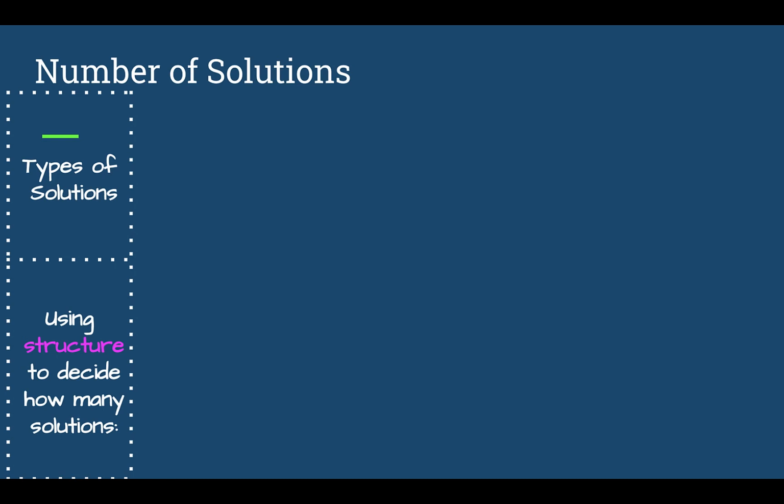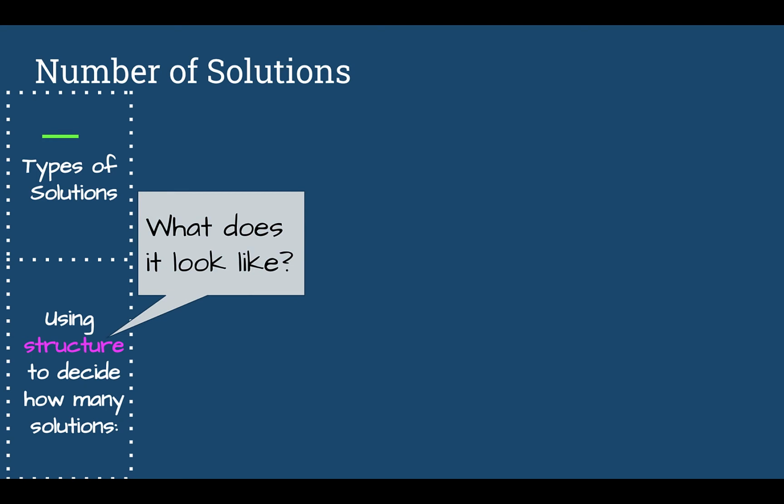Okay, now that doesn't always happen, so we're going to look at those instances. As we're going through this, we're going to look at the types of solutions, and we're going to focus on the structure to decide how many solutions it has. So structure is like, what does it look like?